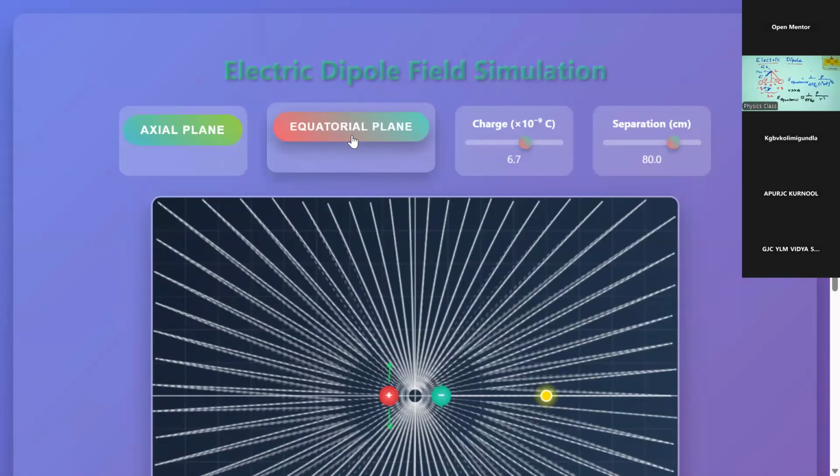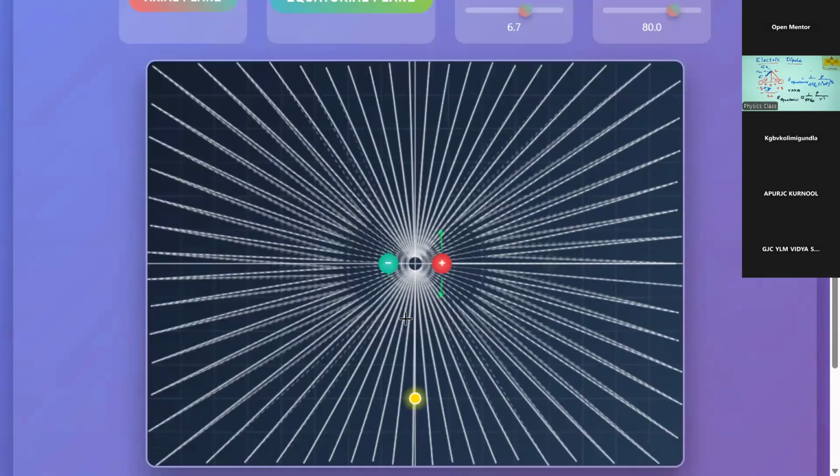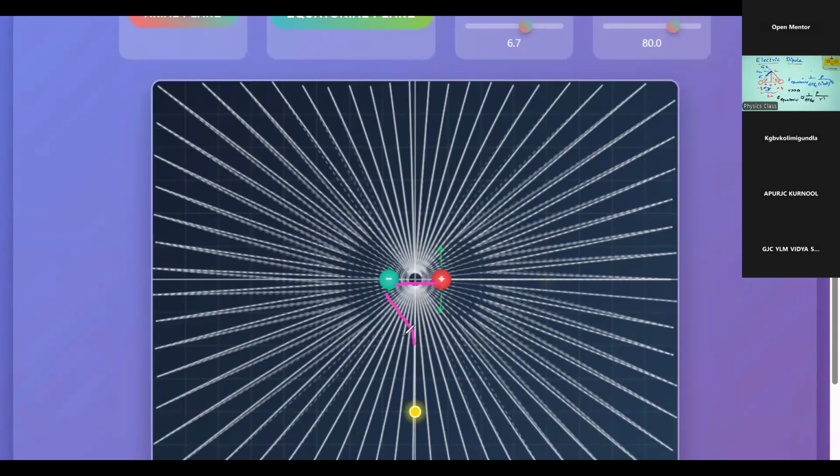Now for the equatorial plane, you can see that this is an equatorial plane. The test point is at equal distance from both charges.